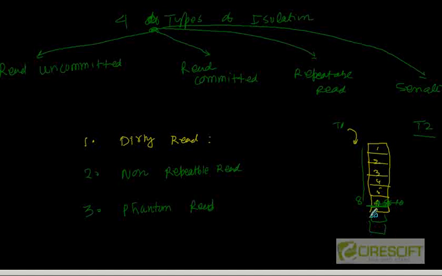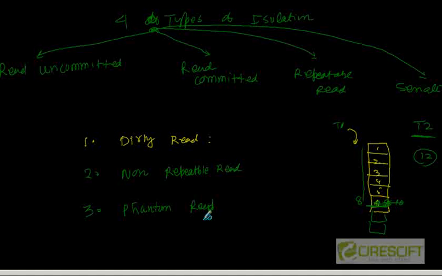At time t1, let's say I have only 10 rows, so when I select at time t1, I get 10 rows. But after that, somebody has inserted two more rows. So at time t2, when I run the same query, I get 12 rows, because somebody has added them, and that is called a phantom read.